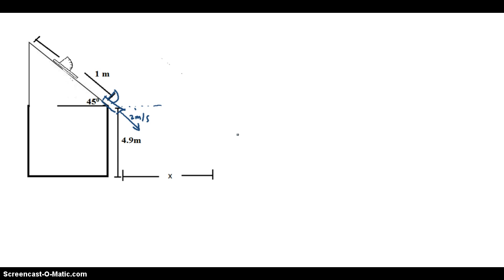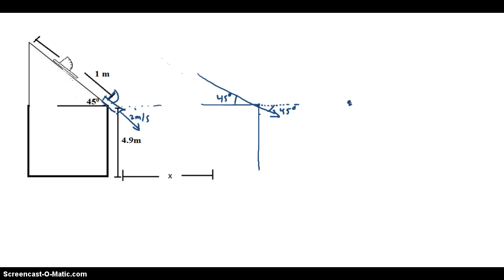So let's see if I can draw it over here to make it a little bit more clear. Here's our table. Here's our ramp. If it leaves the table going this direction, if this was 45 degrees, we know this is also going to be 45 degrees. So we have a new problem.